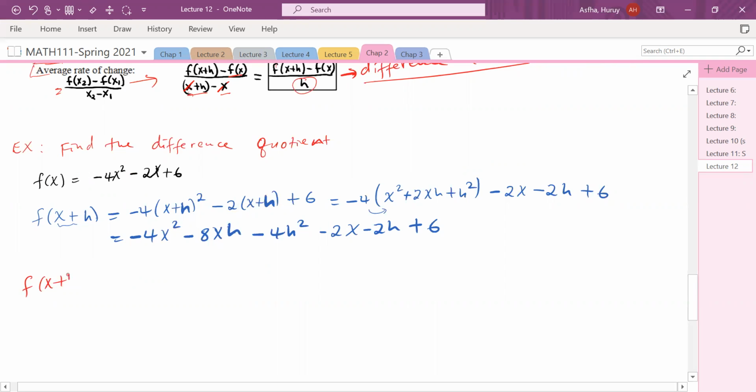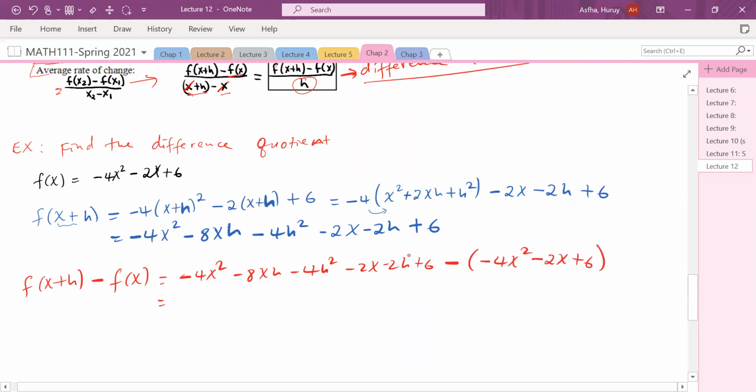Now f of x plus h minus f of x. We have this, and we subtract f of x from whatever we found here. So this is negative 4x squared minus 8xh minus 4h squared minus 2x minus 2h plus 6, minus negative 4x squared minus 2x plus 6.